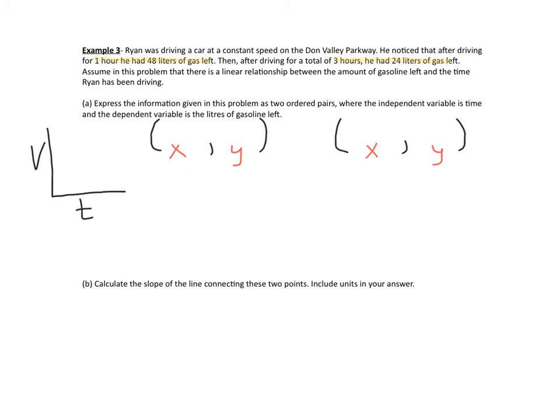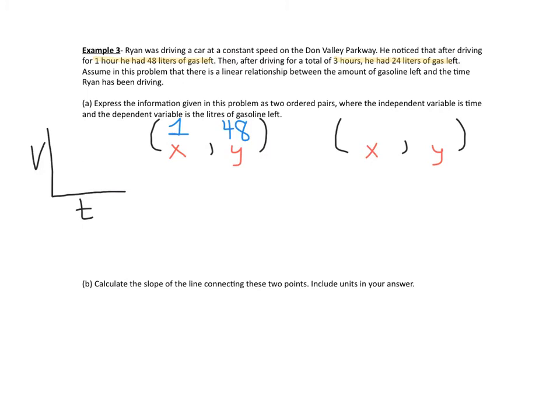So in the question, the first chunk of data they gave us was at 1 hour, we have 48 liters of gas left. So 1 hour is a time. So that has to be an x value. So I'm going to put that in here, 1. And my y value has to be a volume of gas. So at 1 hour, we have 48 liters of gas left. So my first coordinate point is going to be 1 and 48.